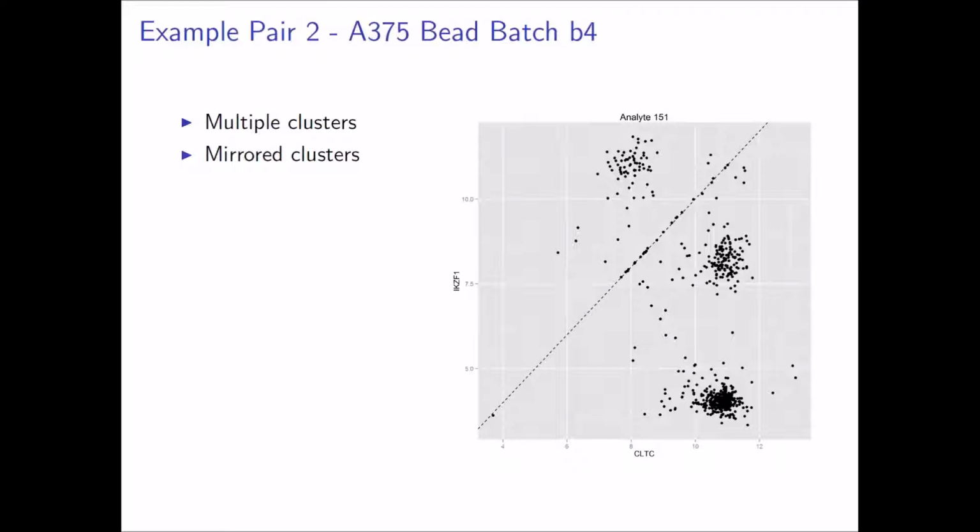This is one of the more pathological cases that I found, where you get multiple clusters of data. So it's not just that we're measuring these two genes with some random noise. There's this cluster that appears here, and then this one over here, and these two clusters actually look very mirrored.